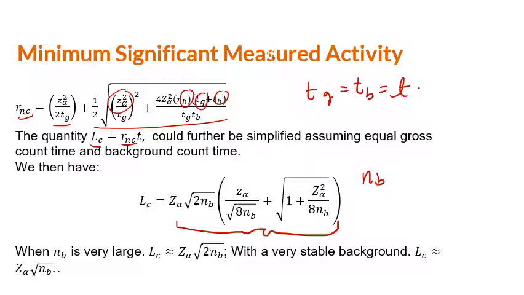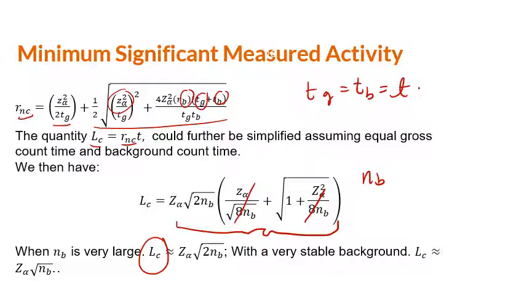Habaan natin yung time for counting of both your background and your count. So pag hinabaan mo yung time na yan, NB is very large. So yung terms natin, this would cancel out, would be essentially 0. Itong term na to would be essentially 0. So ang magiging value natin is LC is approximately equal to Z alpha times square root of 2NB.